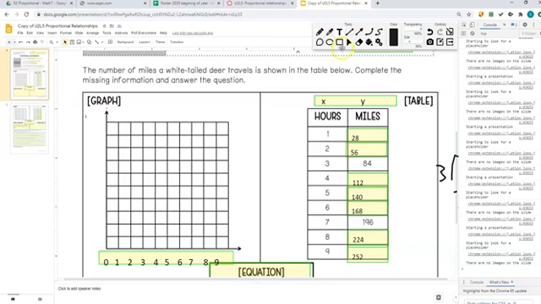Oh, I don't want that one. I want this text box over here. So 25, 50, 75, 100, 125, 150, 175, 200, 225, 250. Alright.